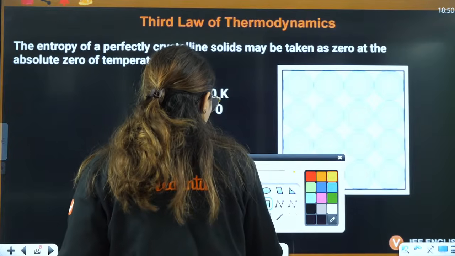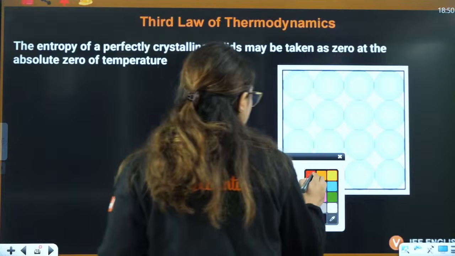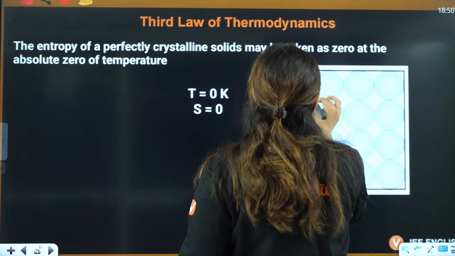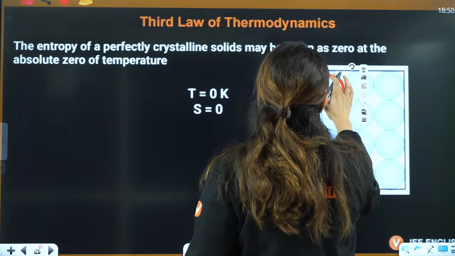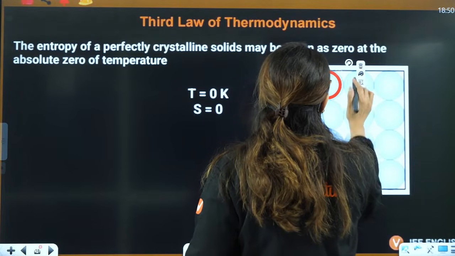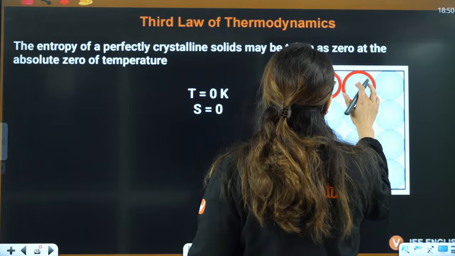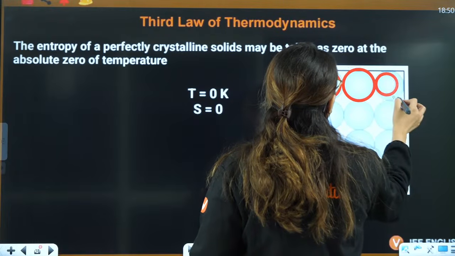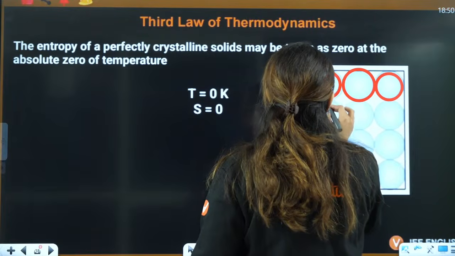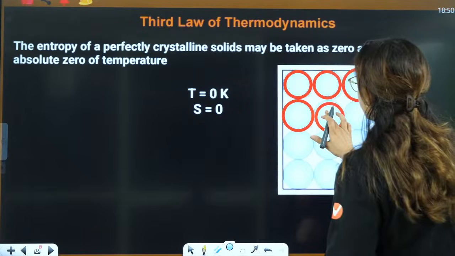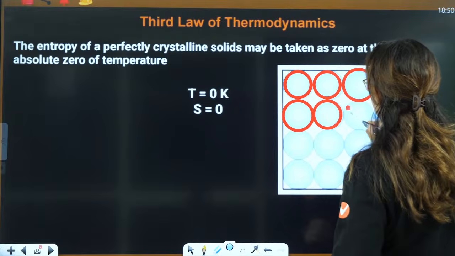Now, if you see this here, right? Actually, I'll just draw the atoms here. I think that is not visible to you, so I'm just drawing a lattice here.